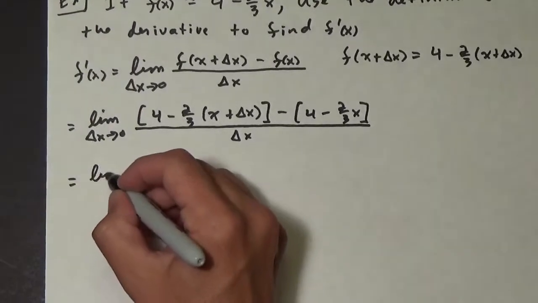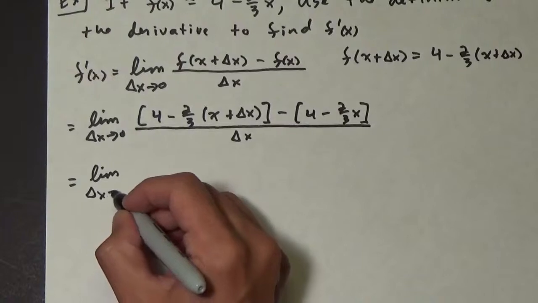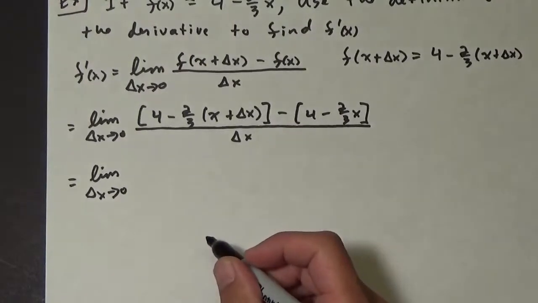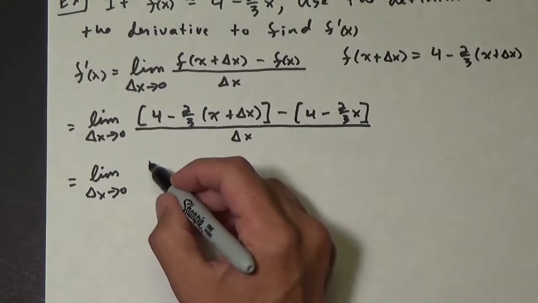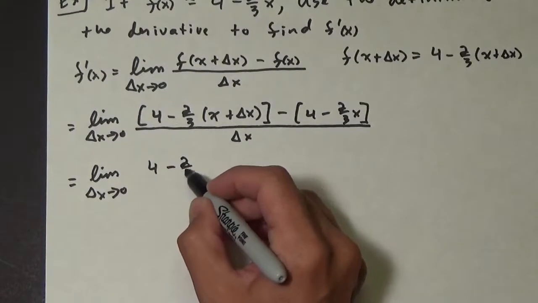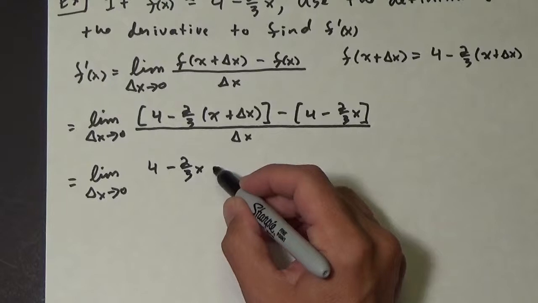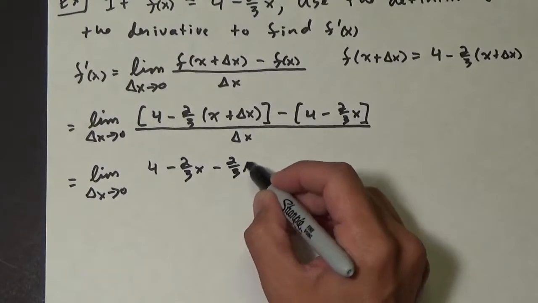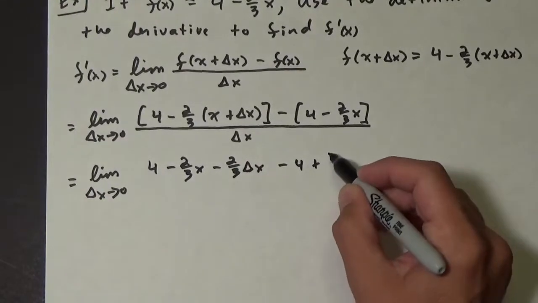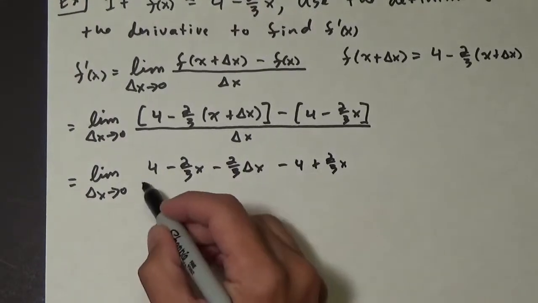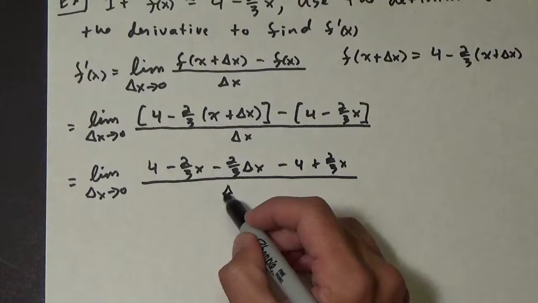So we're going to end up with the limit as delta x approaches 0. Alright, so let's distribute things. We have 4 minus 2/3 x minus 2/3 delta x minus 4 plus 2/3 x all over delta x.